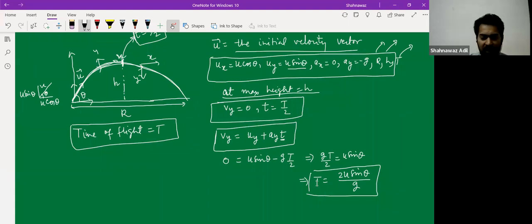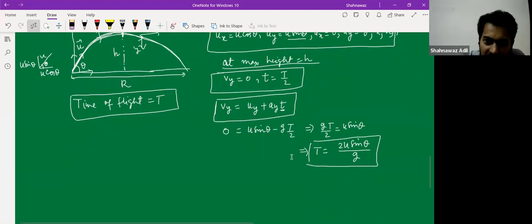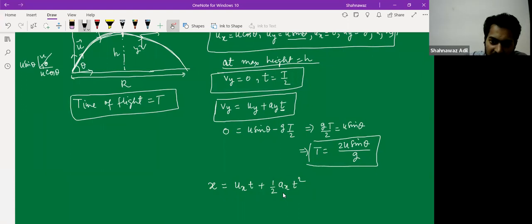Any doubt here? No, sir. Okay. And now we will calculate the range. For the calculation of range, your x is ux t plus half ax t square, right? Your ax is 0, so this is 0.